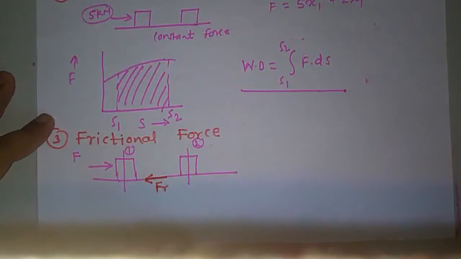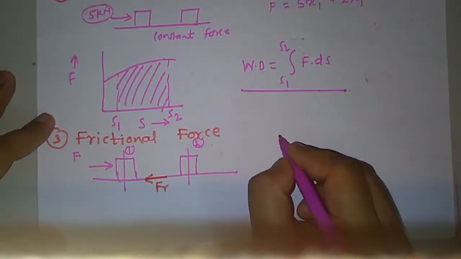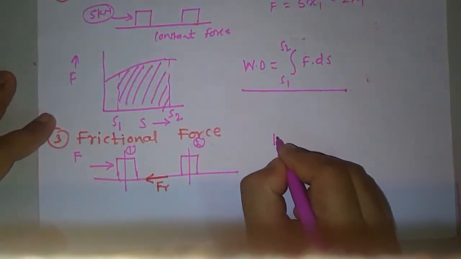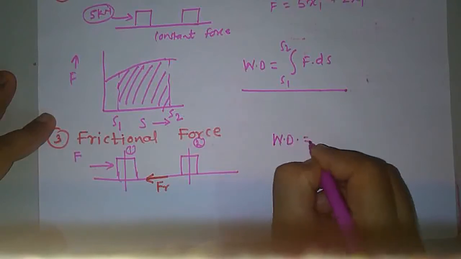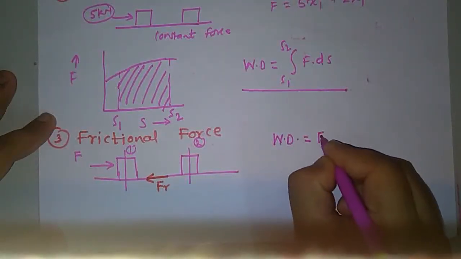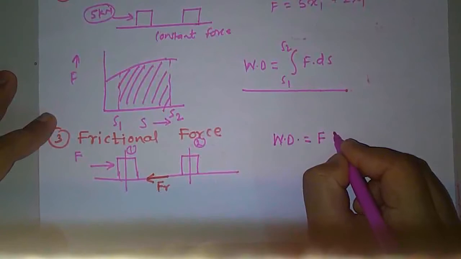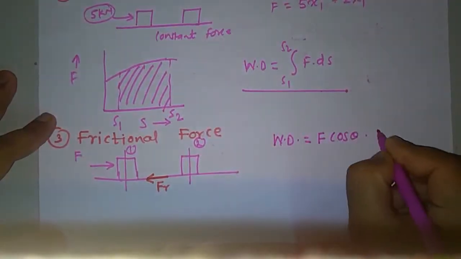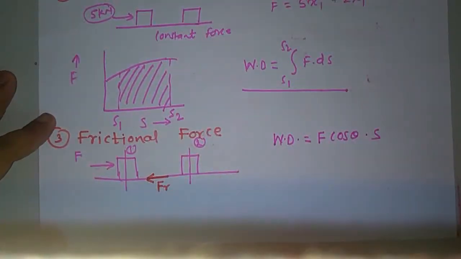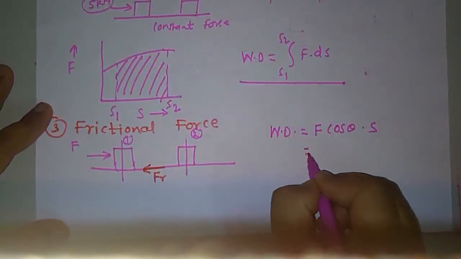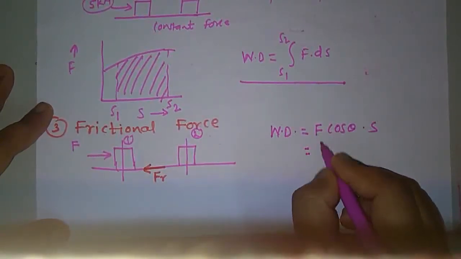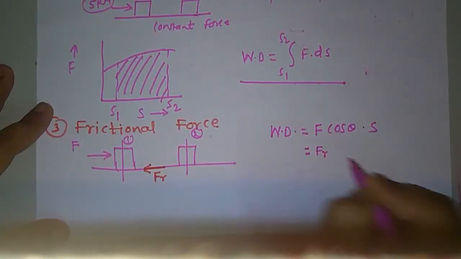So in this condition, what is the work done? We know work done is equal to F cos theta into S. Here F is the frictional force.